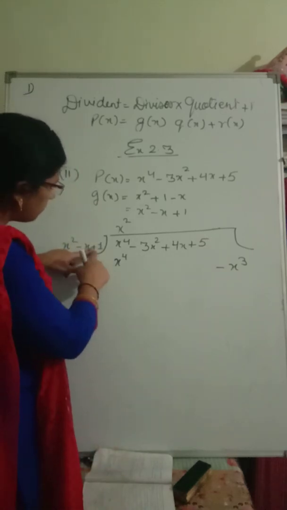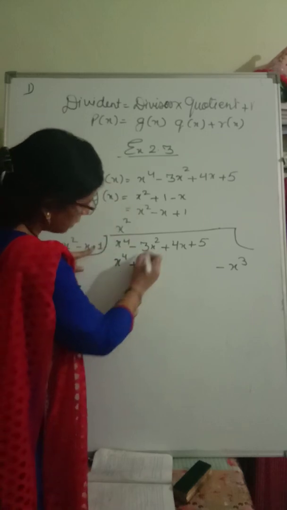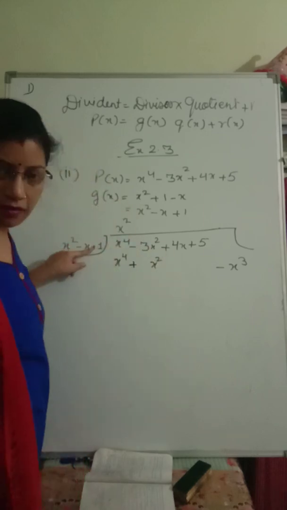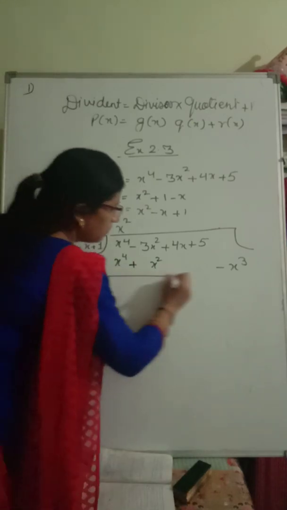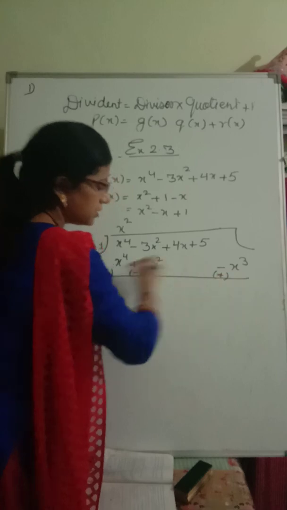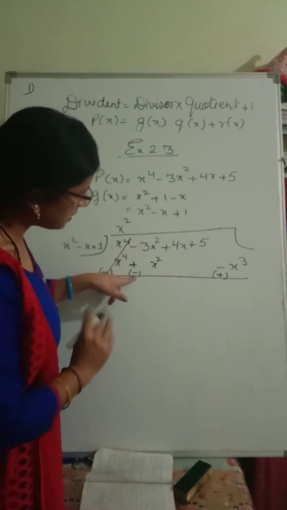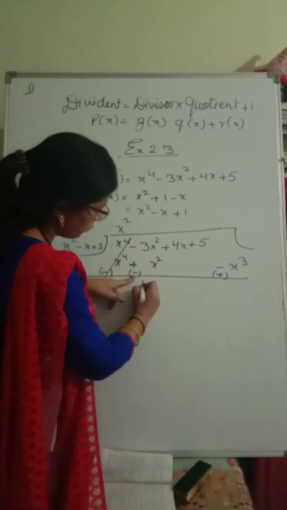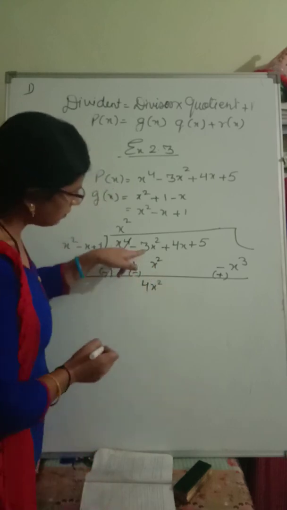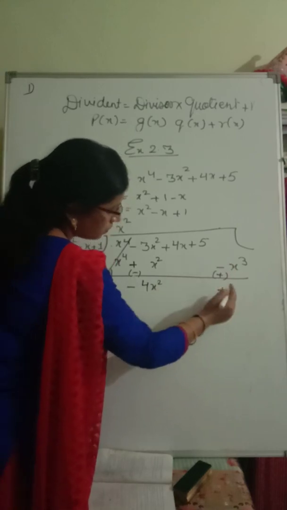Then we will multiply it by the second: plus plus plus, 1 into x square, so plus x square. Okay. We got this. Same like that. Minus minus plus. So plus minus minus cancelled out. Minus minus plus, 3 and 1, 4. 4x square. Which sign will come? 3 is greater, so minus sign will come. This we will write as it is, x cube.